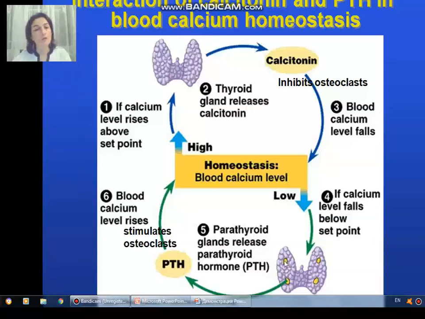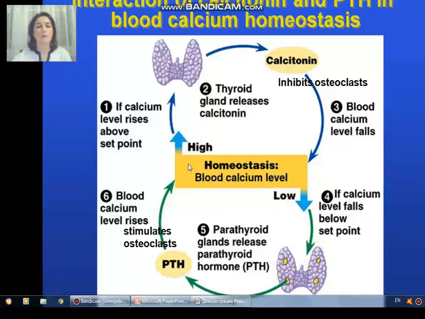But if there is calcium deficiency, the cells sense this deficiency and release their hormone, parathormone, into the blood circulation. Parathormone will increase the level of calcium in blood. It will stimulate osteoclasts, the bone resorbing cells, which will resorb bone tissue, and calcium will be released into the blood circulation. Its amount in the blood circulation will be high.